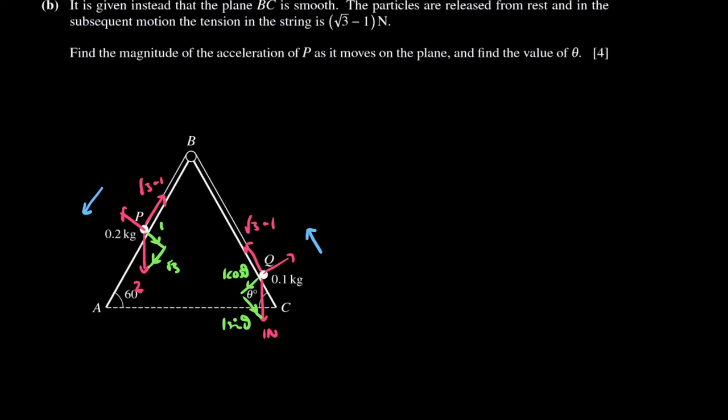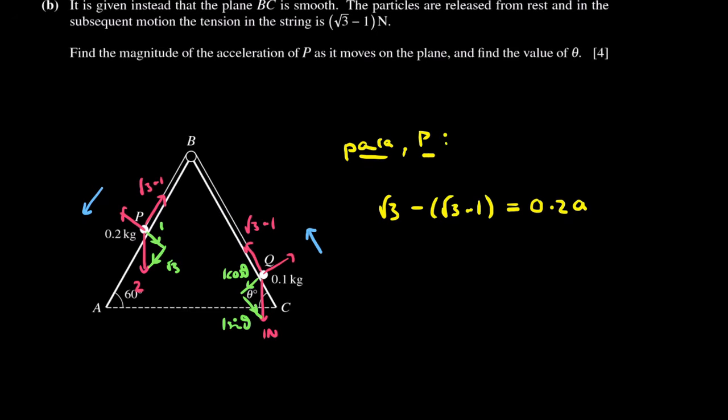So what we can do is resolve forces on P in the parallel direction. What that's going to give us is root 3, the component of the weight acting down, minus root 3 minus 1 acting up the plane, is equal to ma, which is 0.2 times a.